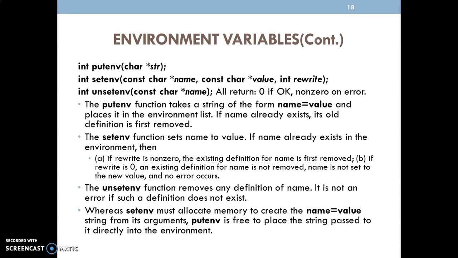That means setenv first allocates the memory and then adds the name equal to value, whereas putenv is free to add the environment variable to the environment list.